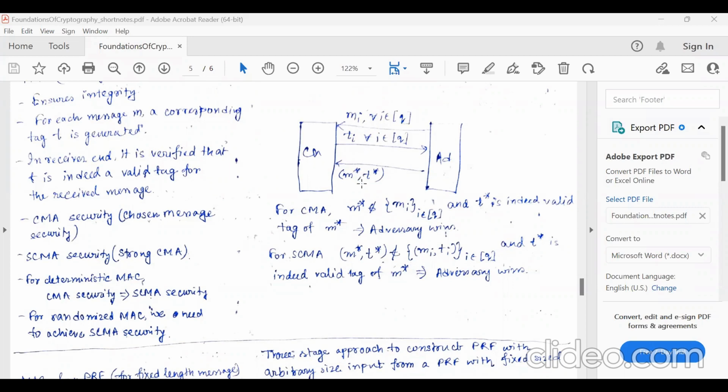So in that case, actually, your M star, T star, even if M star belongs to some of the Mi in the query phase, your T star could be different from the corresponding Ti in the query phase. And if your tag gen algorithm is randomized, then in that case, M star, T star indeed will be a valid achievement by the adversary as coming up with a new valid message tag pair.